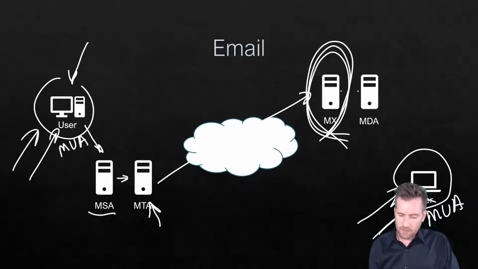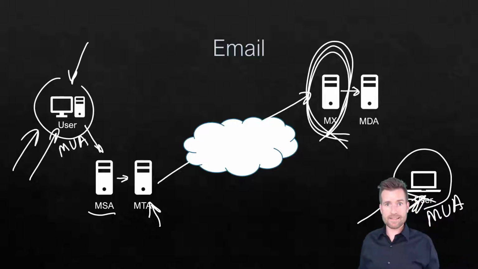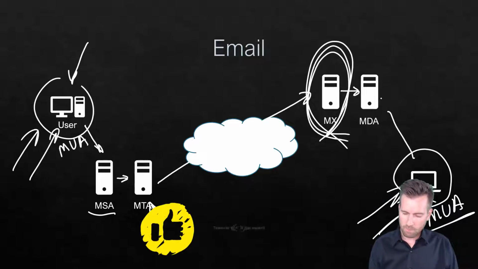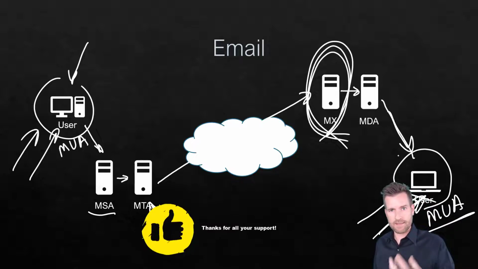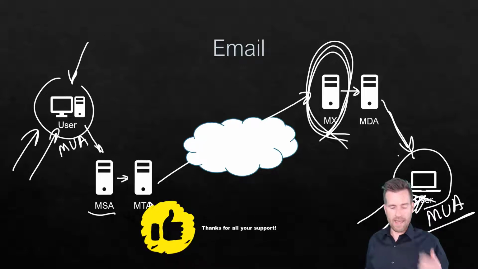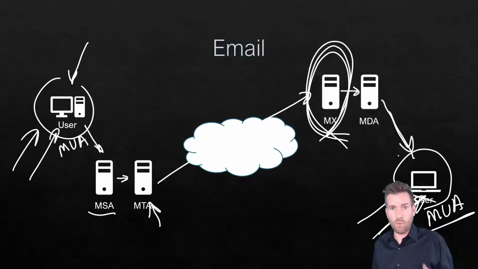And then it transfers it to a mail delivery agent, where it's going to reside until this mail user agent gets on and does a retrieval process and pulls that information down. So this is the flow that happens throughout here. Now, some of this can be combined into one server.